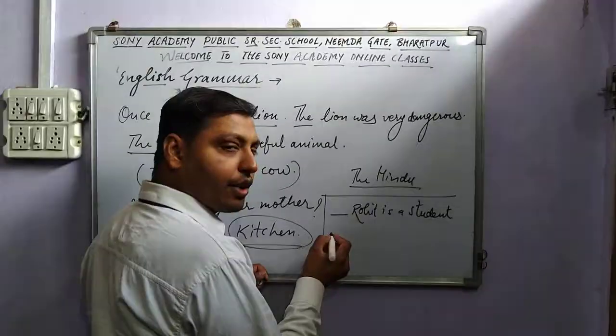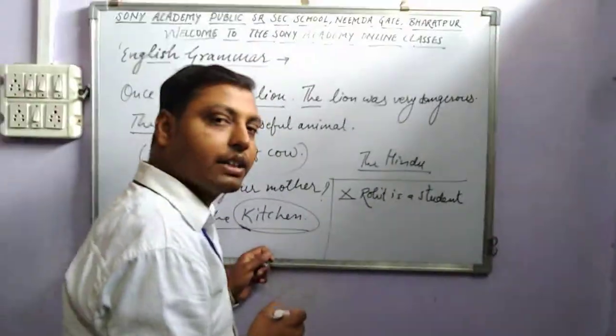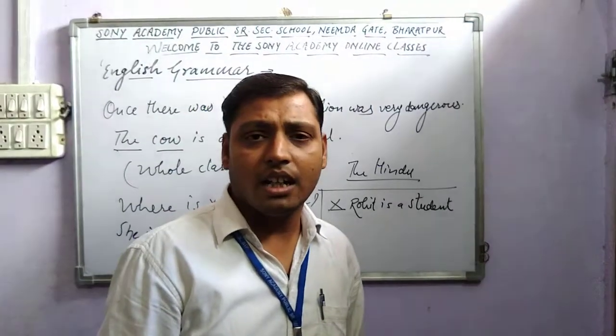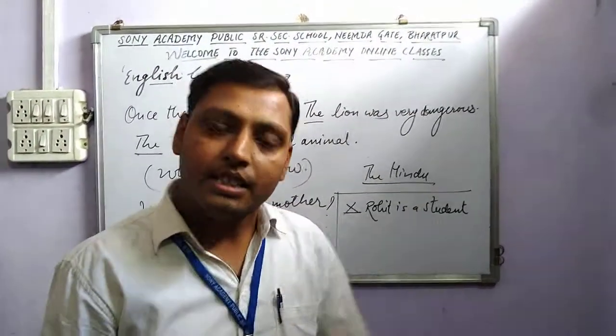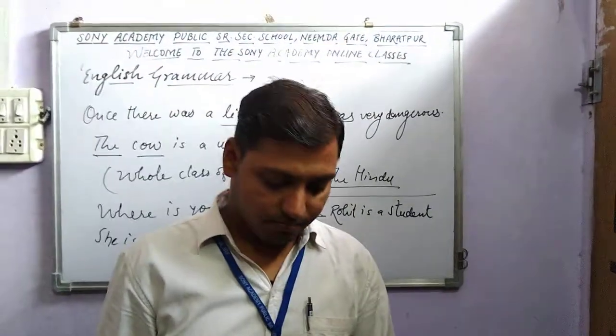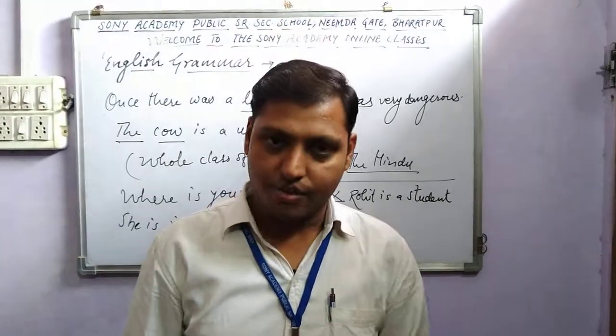We do not use a or an before the proper noun. Sometimes people ask, why don't we use any article before India? India is a proper noun. We don't use any article before the name of any city or a country.